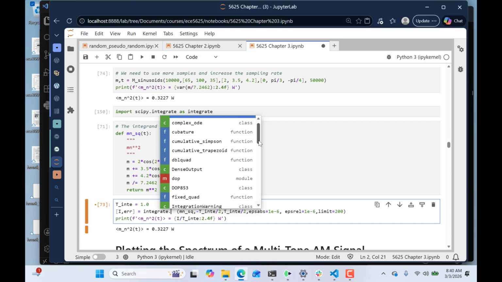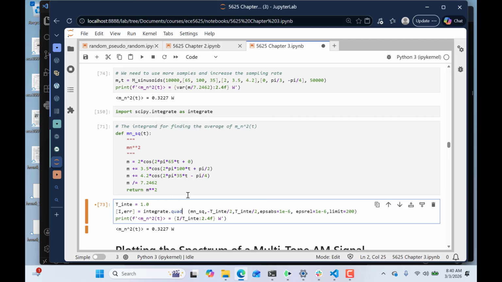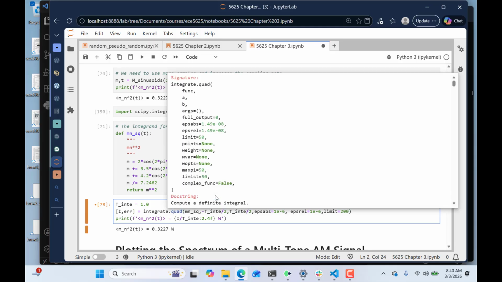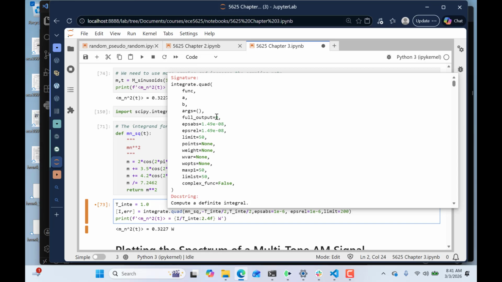So the integrate package has a fair number of functions associated. We're just using quad. So what is quad? It computes a definite integral, and it uses a Fortran library under the hood in Python called QuadPack, which allows us to set up a numerical integration, and we can set up accuracies and how it's going to partition the function, the integrand.